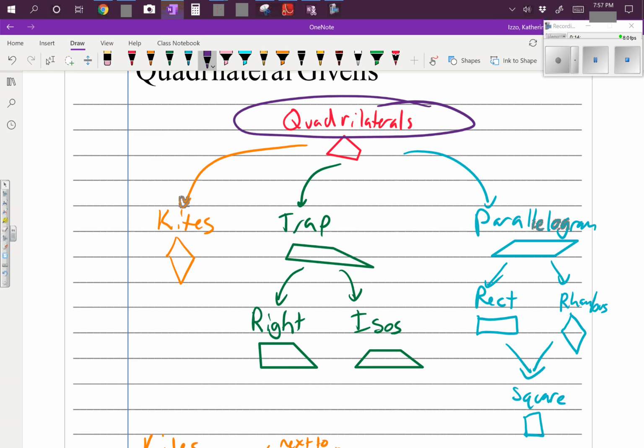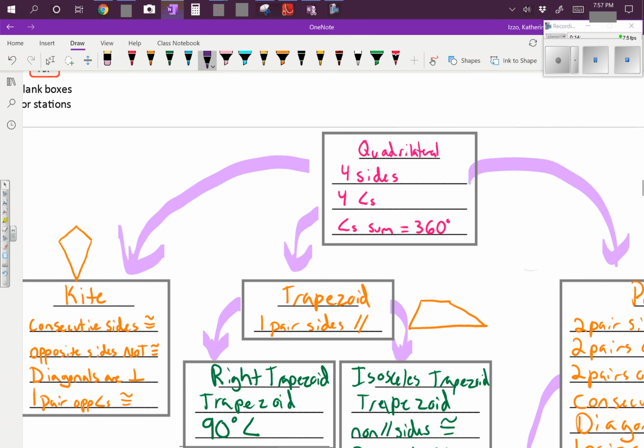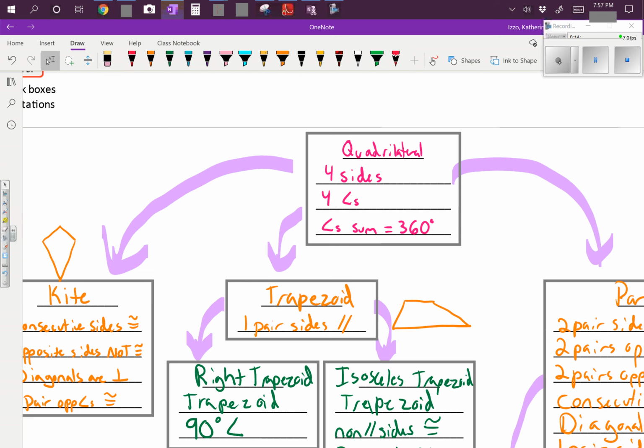And there's a specific reason for that. If you take a look, quadrilaterals, 4 sides, 4 angles, angles sum to 360. Well, this is helpful, but only helpful if you're doing a maze problem. 4 sides and 4 angles is pretty much a duh. Obviously, it's got to have 4 sides and 4 angles.